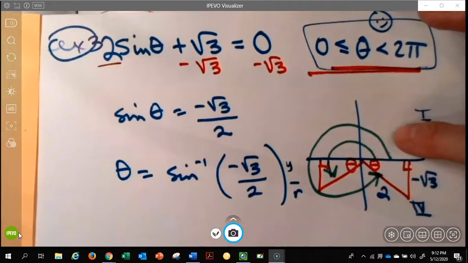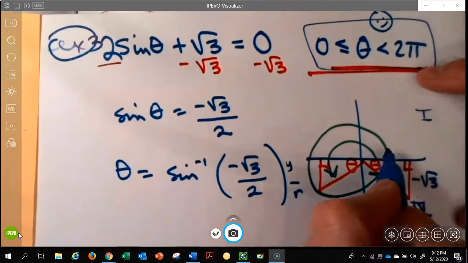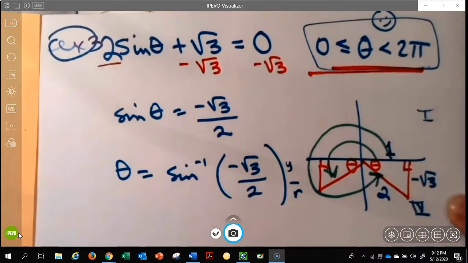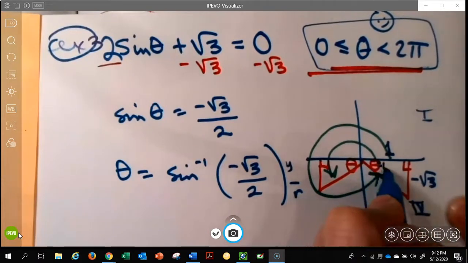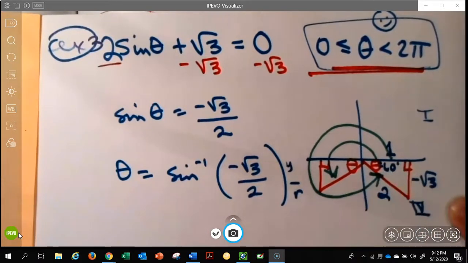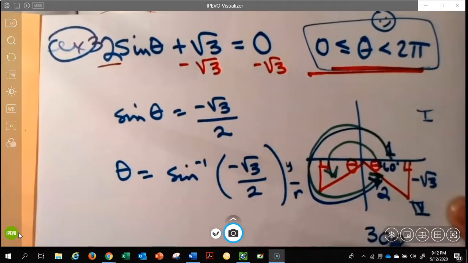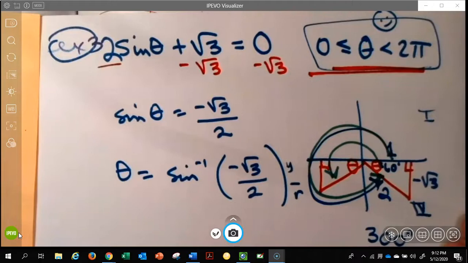I'm not going to put anything for the x. Oh, I can, because I should start to realize that I've got either a 30 or 60 degree triangle. And with the square root of 3 being across, then that puts this at a 60 degree angle. And all the way around, that would make it a 300 degree angle.